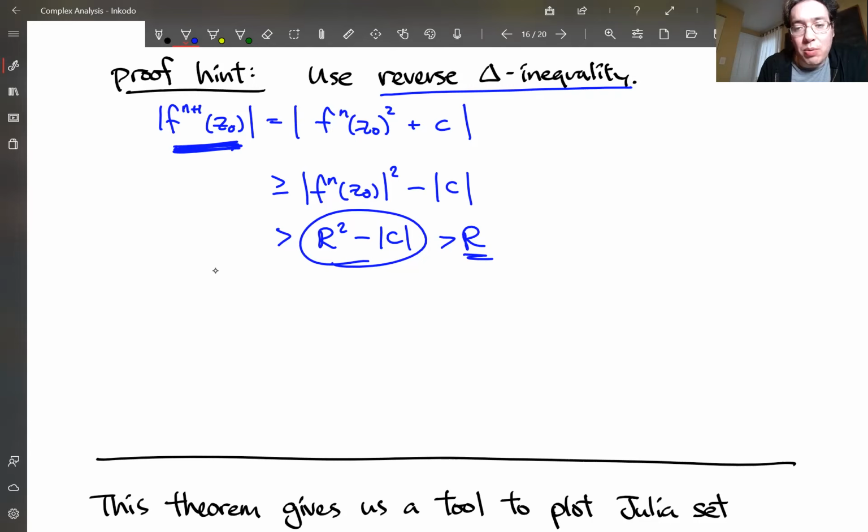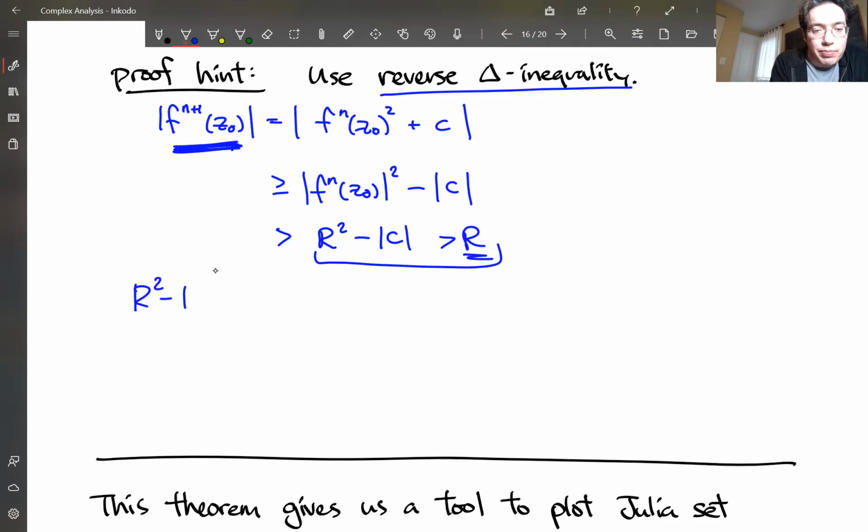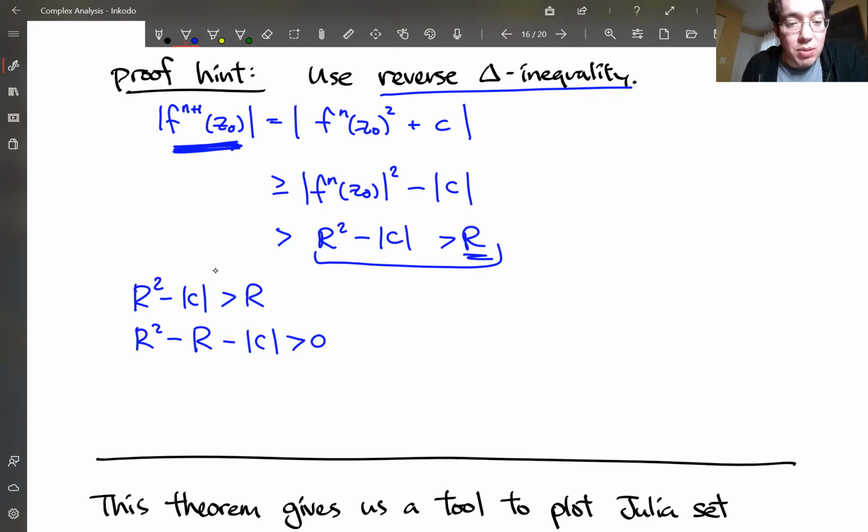Well, what r would work here? Looking at this portion, or if I bring the r to the other side, we have an expression that's quadratic in r that we want to be bigger than 0. So what r would work here? Let's set it equal to 0 and figure it out.